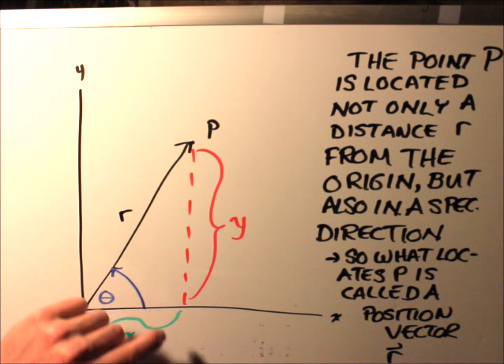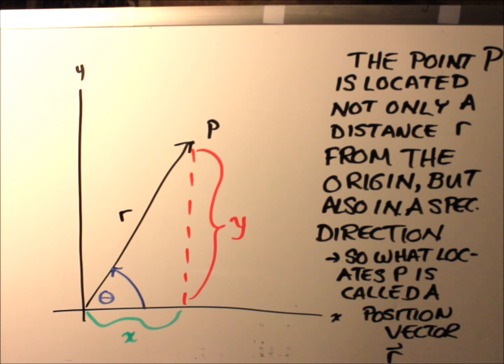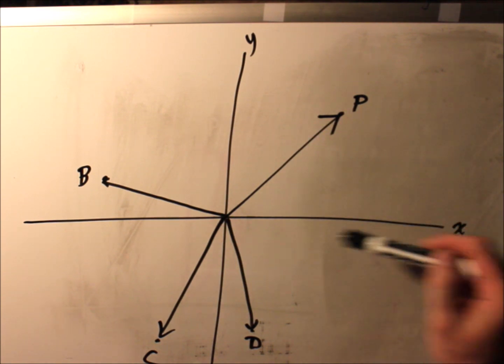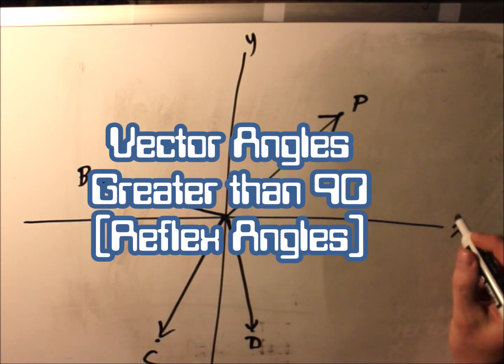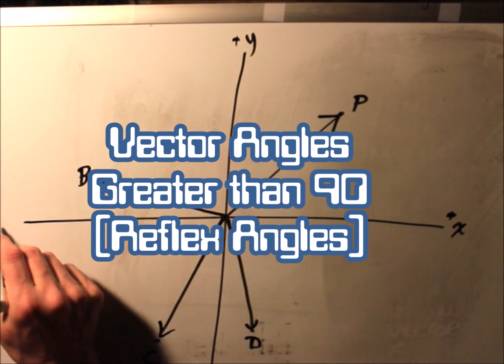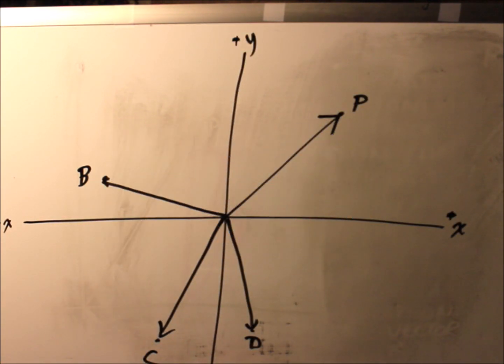And so again, we would refer to it in polar form, r theta, or in xy form, in rectangular form. So once again, we have our xy axes. This is the plus x, the plus y. This is the negative x and the negative y.